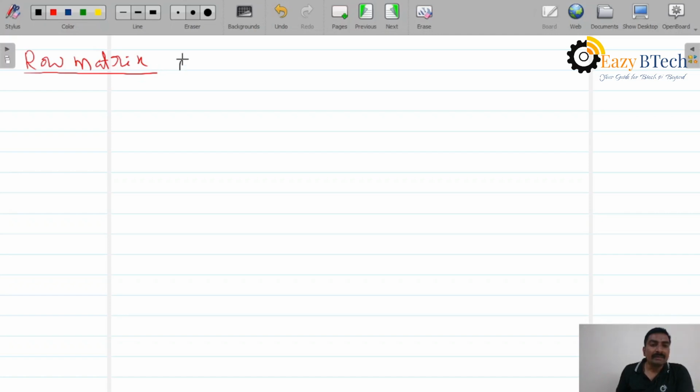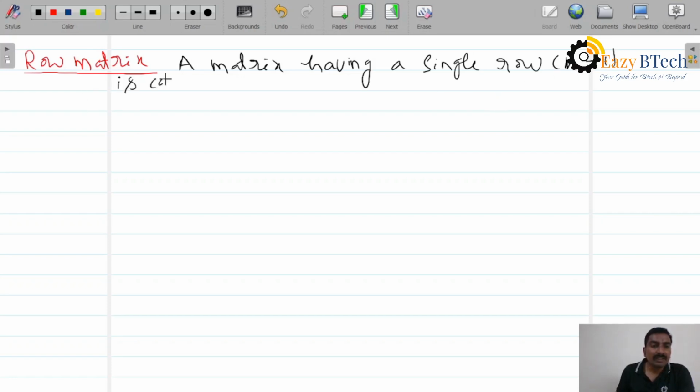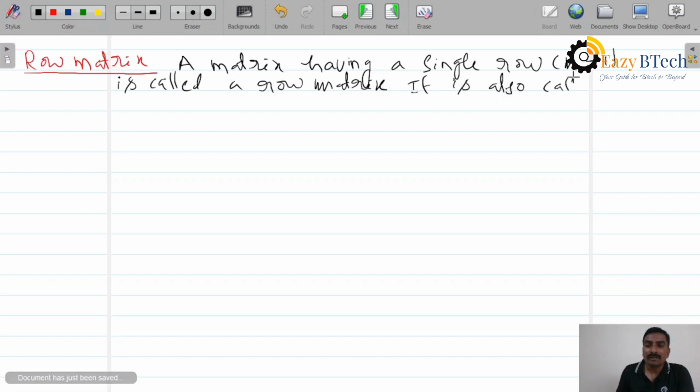A matrix having a single row, that means simply m equals 1, is called a row matrix. It is also called a row vector.